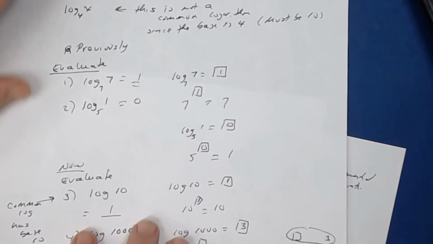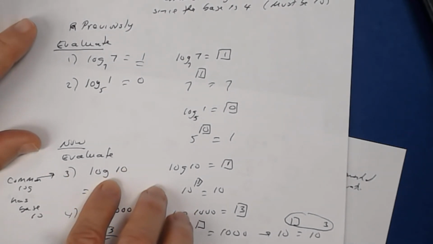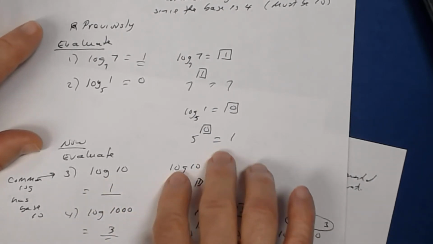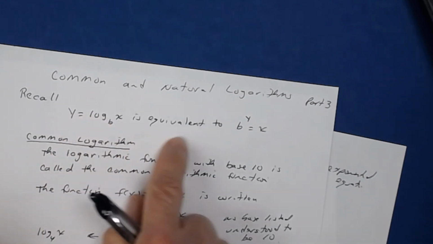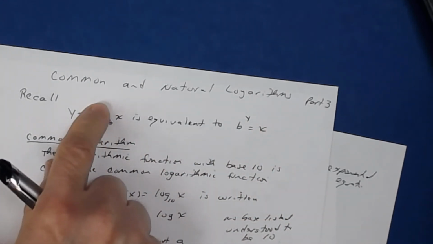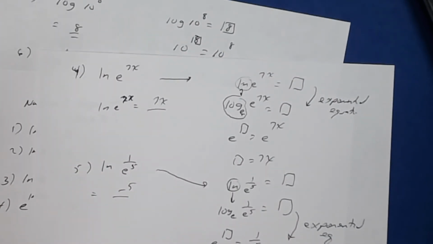And when we evaluated, we took into account that if the base isn't there, it's going to be 10, and we used it when we went from log equation to exponential or exponential to log. We used the fact that a common logarithm is base 10. If we had a natural logarithm, like right here, it was base e.